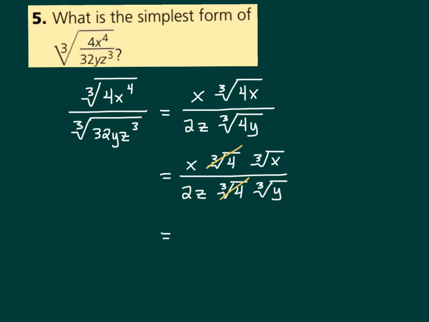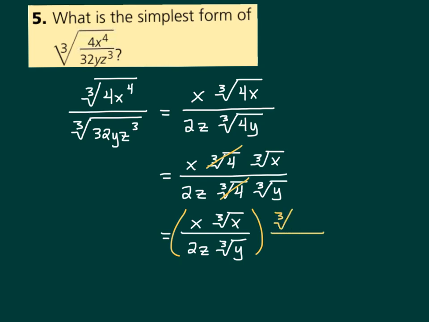So we have x times the cube root of x over 2z times the cube root of y. We need to rationalize the denominator. No radicals in the denominator. So we're going to multiply this. We're dealing with cubed roots. So it's going to be the cube root of something over the cube root of something.